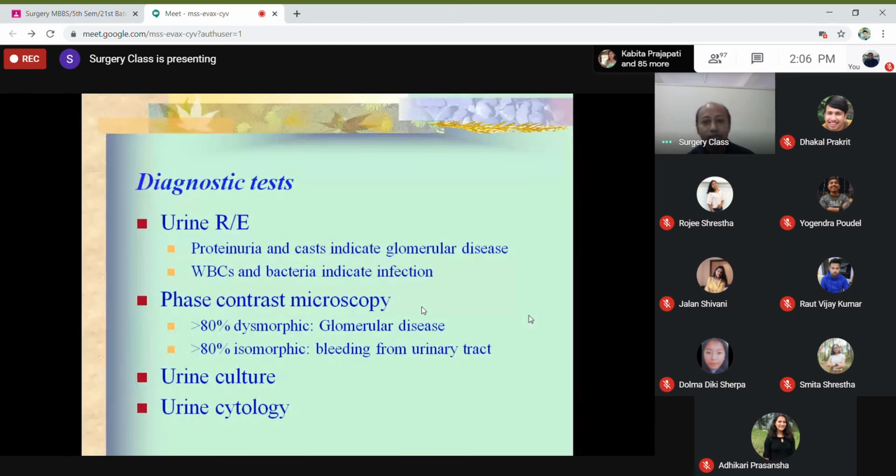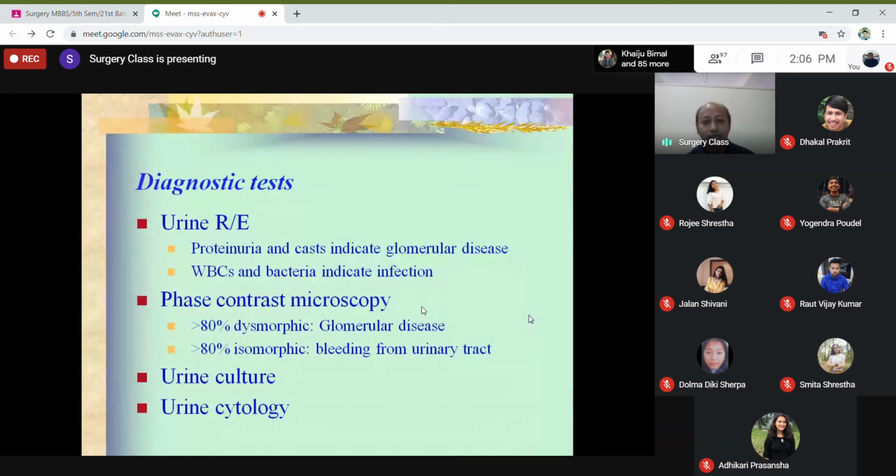These are called casts. And leaking of protein through the glomeruli also indicates glomerular disease. Whereas presence of WBCs and bacteria in the urine routine examination indicates probably infection as the cause of hematuria.